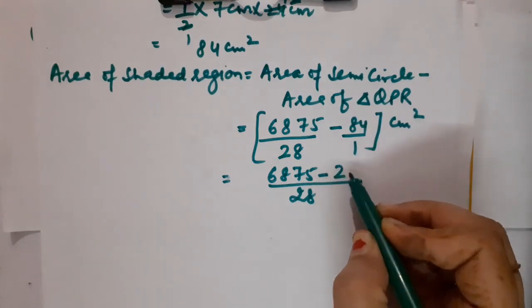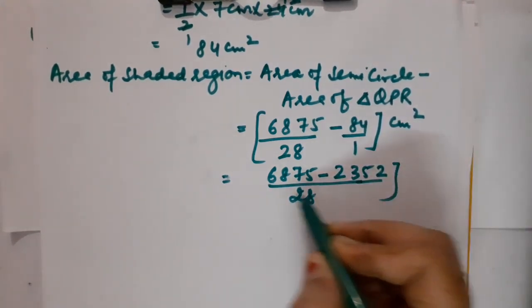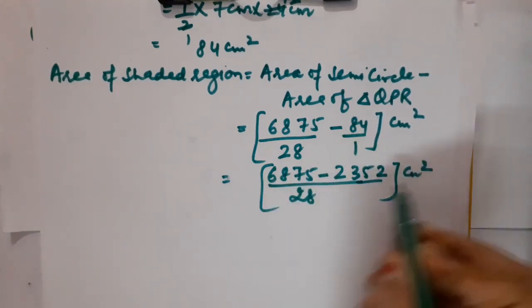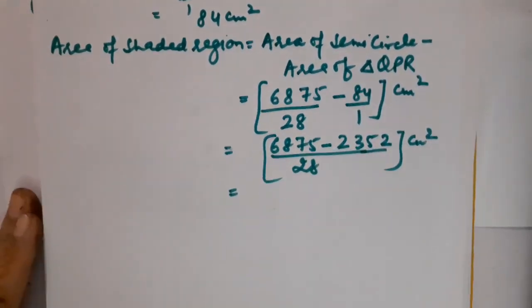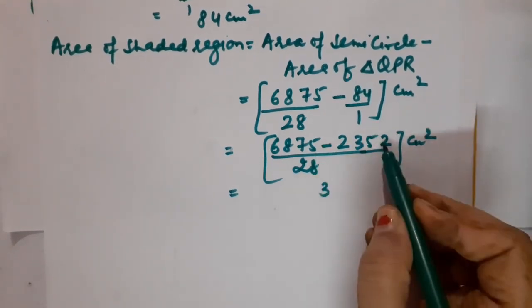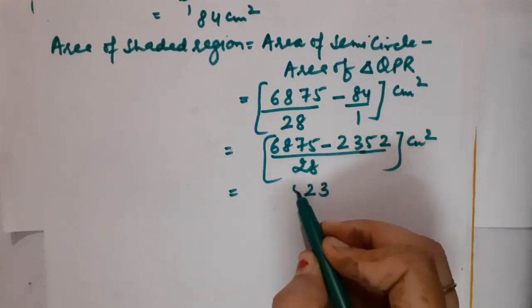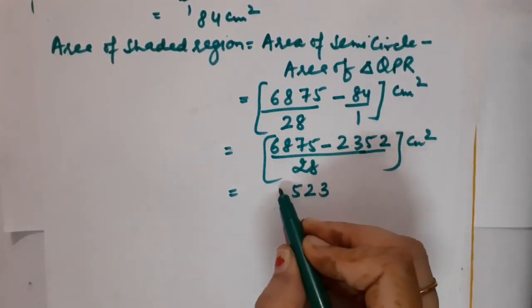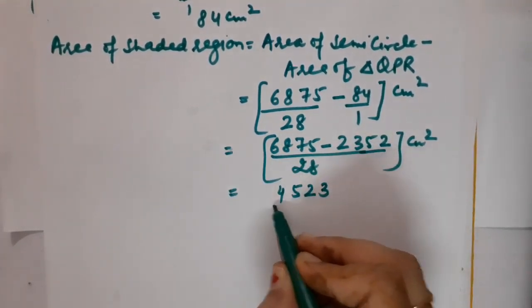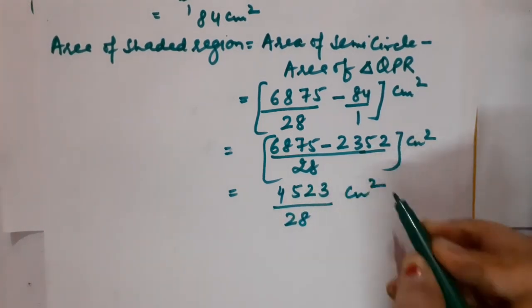So you will be getting 2352. Correct? This is centimeter square. So children, after subtracting, I will be getting, this is 5 minus 2, 3. Then 7 minus 5 is 2. 8 minus 3 is 5. And 6 minus 2 is 4. 4523 upon 28 centimeter square.